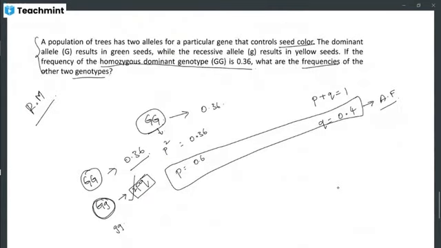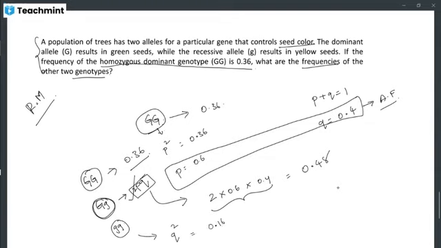If we go with the 2PQ formula, we will be obtaining 2 into 0.6 into 0.4, so you will end up with 0.48. Whereas in case of the homozygous recessive genotype, it will be Q square, which is equal to 0.16, right? So the three genotypic frequencies will be this.